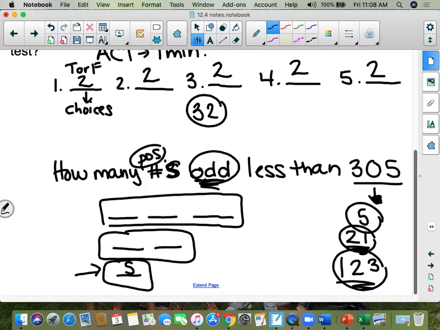There are 5 numbers. Okay, let's do the 2-digit numbers. There are 5 for the ones because that's what makes it an odd number. And there are 9 numbers that can go here for the tens digit. Does everybody know why I didn't put a 10 there? Because the 10th digit is the number 0.